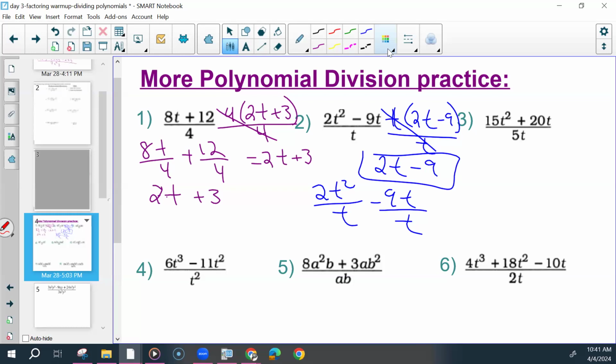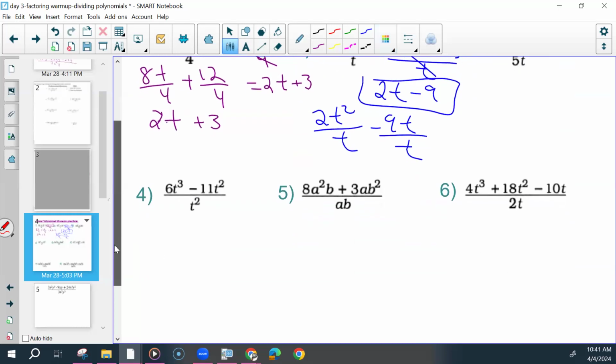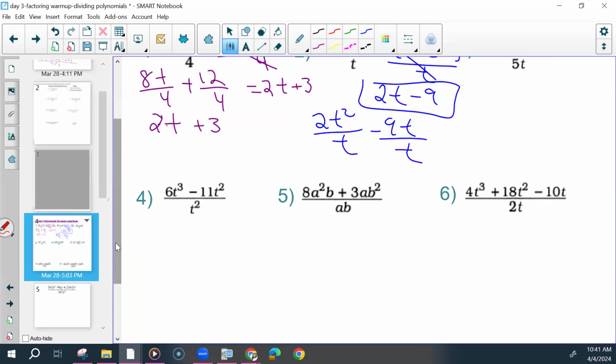Okay, let's do one more. Let's skip to number 5. Do we want to do that by GCF or separating? Separating, okay.